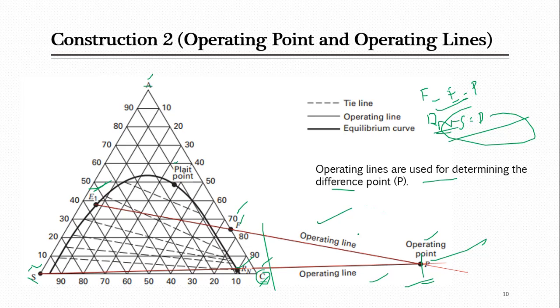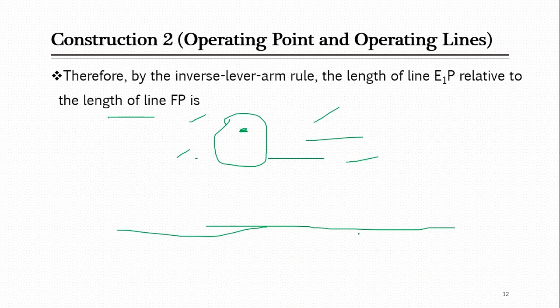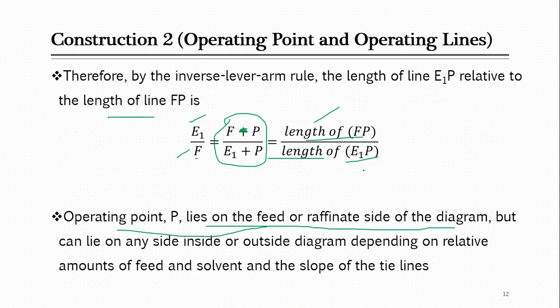So point P usually lies outside the diagram, on the raffinate side, but it can lie on any side, inside or outside the diagram. This all depends on the relative amounts of feed and solvent and the slope of the tie lines.